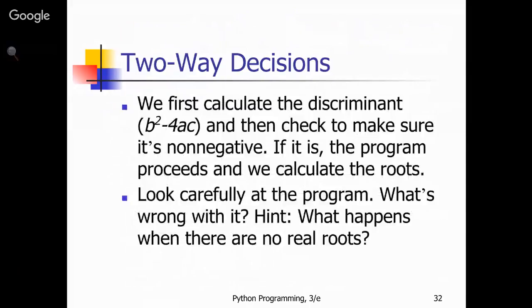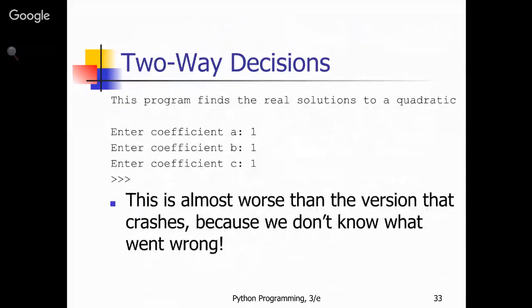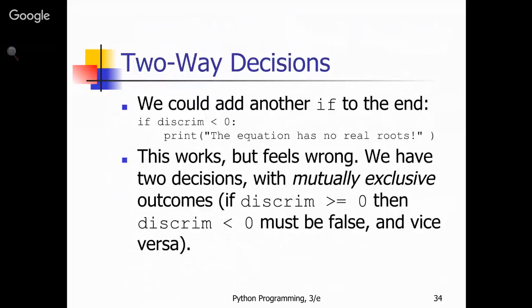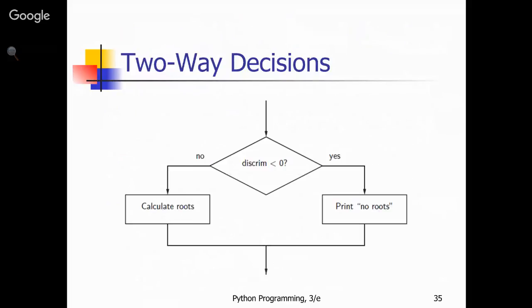So next up, we're going to look into working with multiple decision making, but I actually don't like using the example with a quadratic because I think it distracts us from what we're trying to do, because you have to pay attention to so many other things. So instead, we're going to do a couple of exercises from the end of the book together, which will allow us to illustrate multiple if statements.